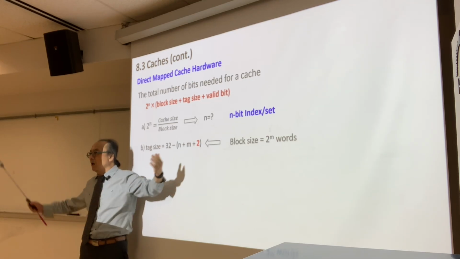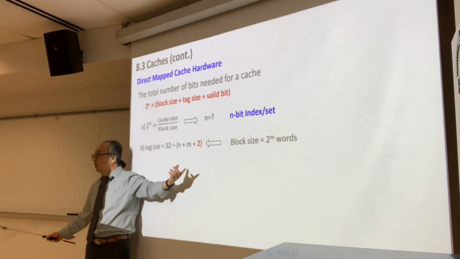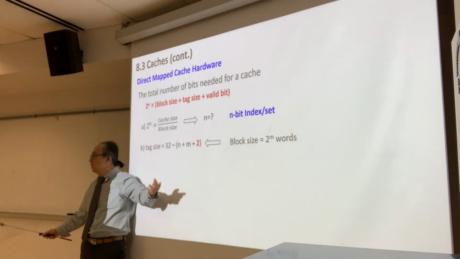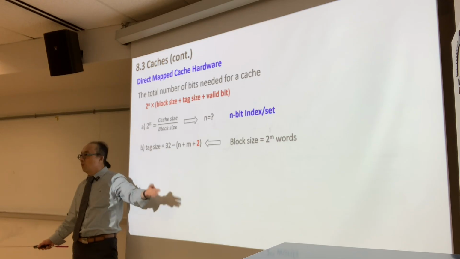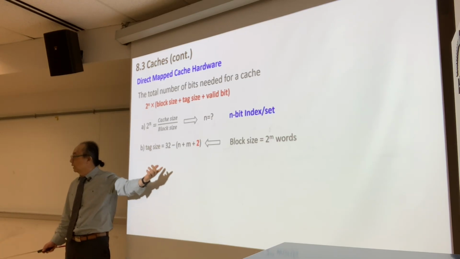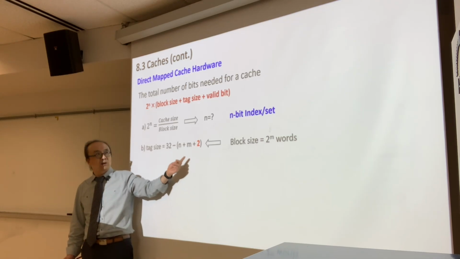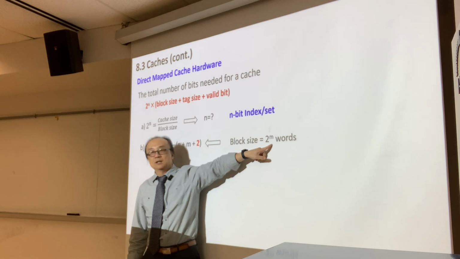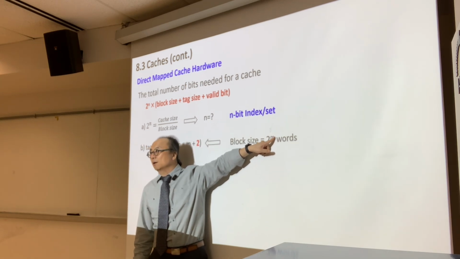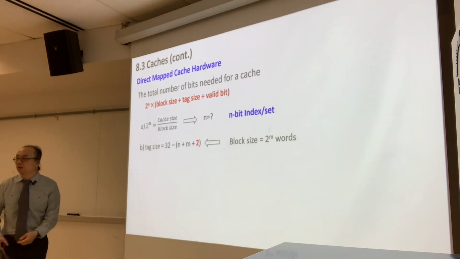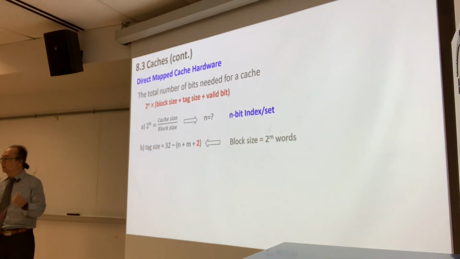And if you have a larger cache, one word is a 2-bit offset, 2 words, 3-bit offset, 4 words, 4-bit offset, and so on. How do we find the total number of offset bits? By looking at the block size in words. 2 to the power of m, this m value will give us additional offset bits for that larger cache.